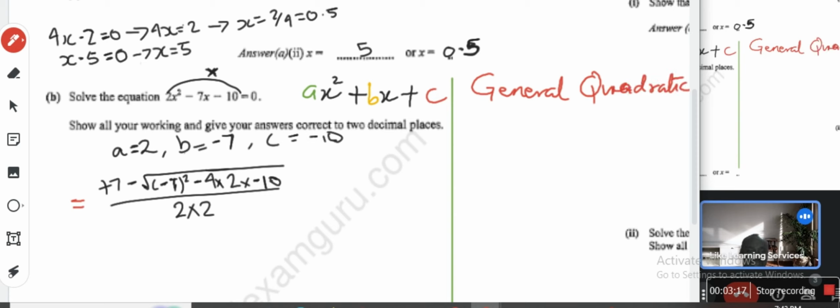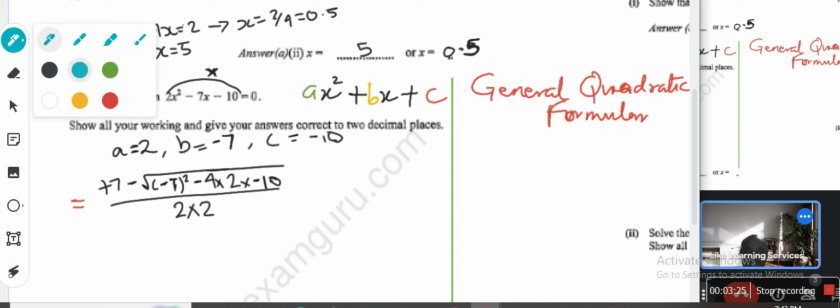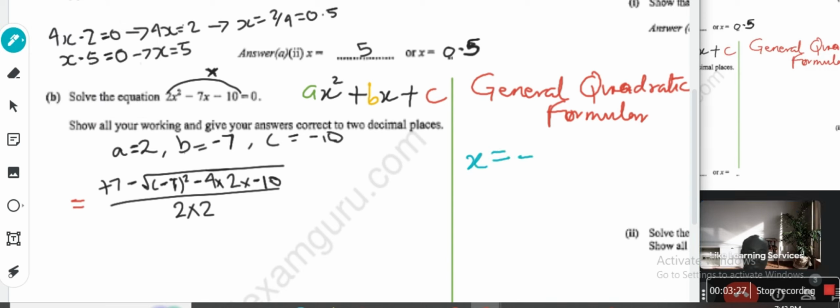So the general quadratic formula: x equals minus b plus or minus the square root of b squared minus 4ac, all over 2a.